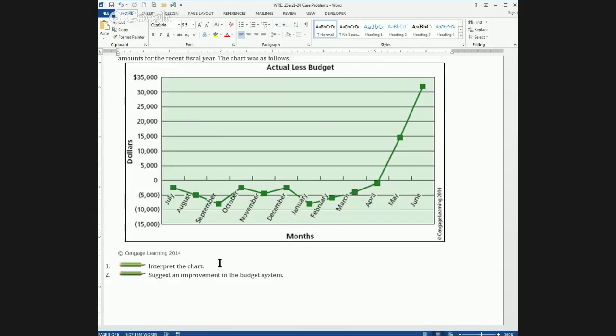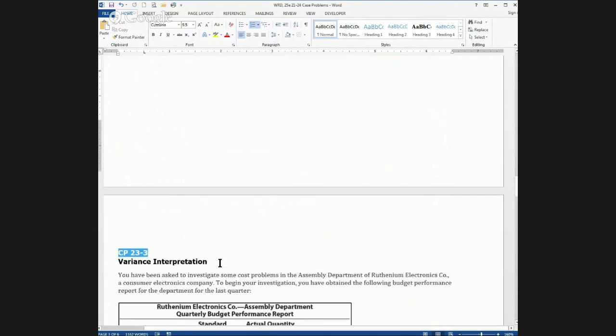And then what happens in May and June when there is a big rush to spend the budget? What does that do to the citizens? And how should the city elected officials monitor the costs throughout the year? Okay, that's this particular case.